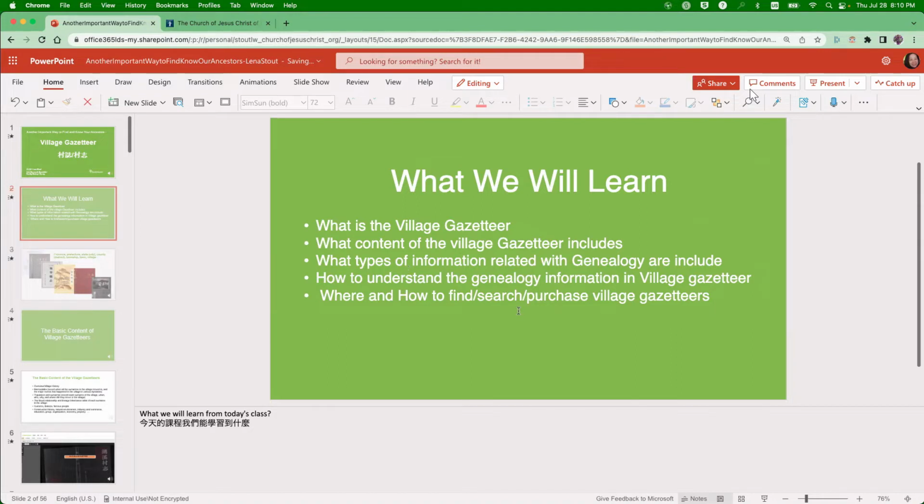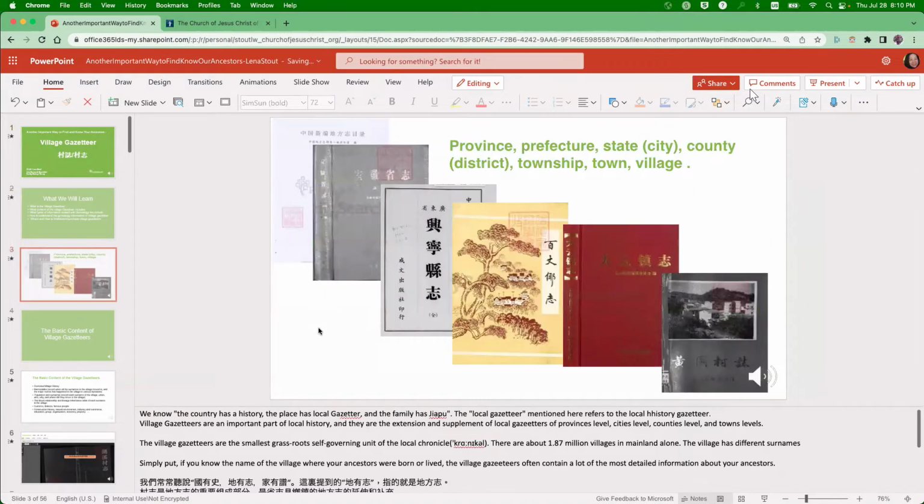Since it's not a real class and you already finished reading, we can move on. We know the country has its history. That's a very common saying: the country has its history, the place has a local gazetteer, and the family has a Japu. The local gazetteer mentioned here refers to the local history gazetteer.